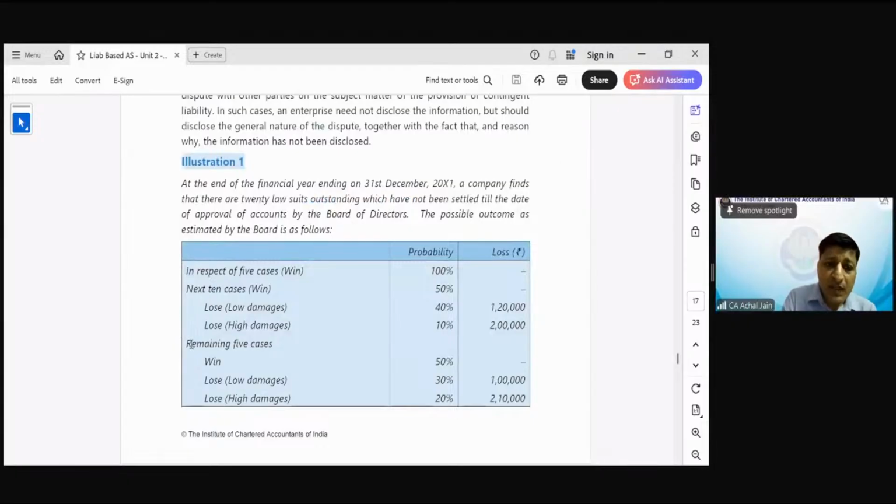Similarly, for the next 5 cases, can you compute the amount of contingent liability? Over to you quickly.